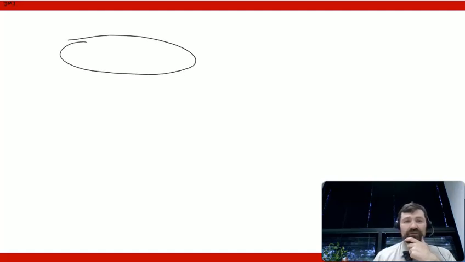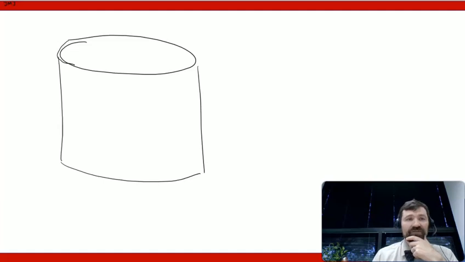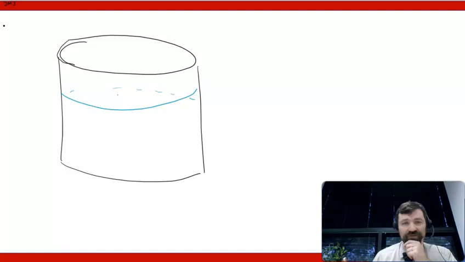So let's assume that I have a container, and in the container happens to be some fluid like water. Now I have an object which is floating within this container, a block, for example, and the water line near this block might be like so.